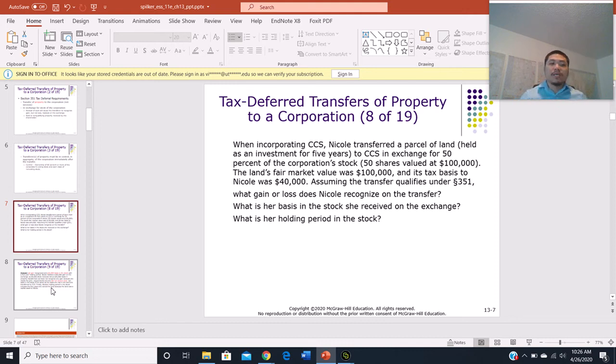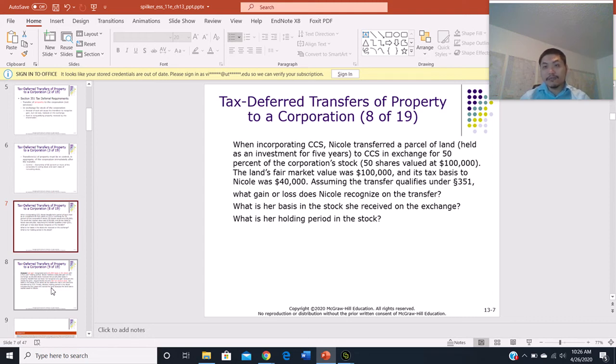So we know that this transaction qualifies for Section 351. They already tell us. So the first question, what gain or loss does Nicole recognize on the transfer? The answer is none, because the transaction qualifies for Section 351.